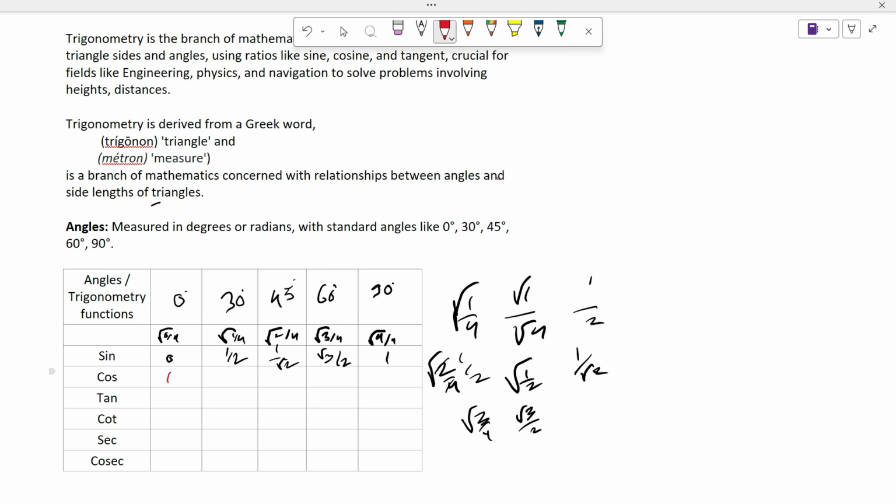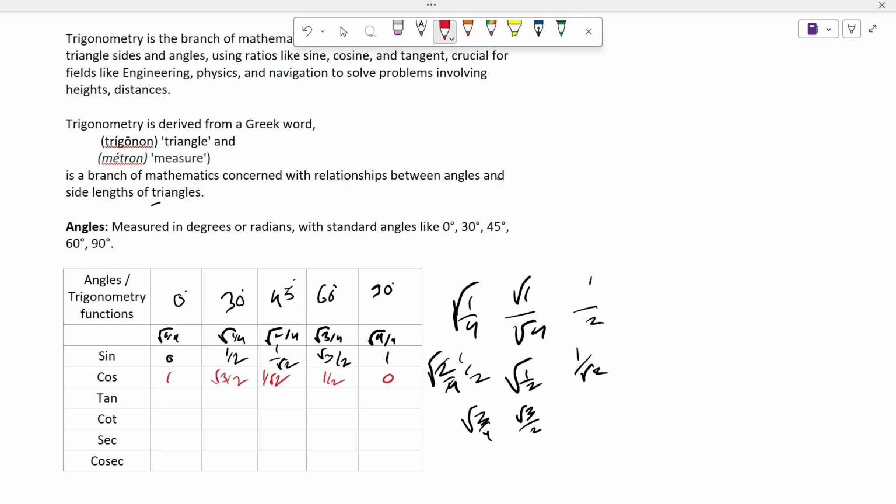So we will get root 3 by 2, and cos 45 is nothing but sine 45. We will get the same value as it is here, 1 by root 2, and then similarly 1 by 2, and here it is 0.